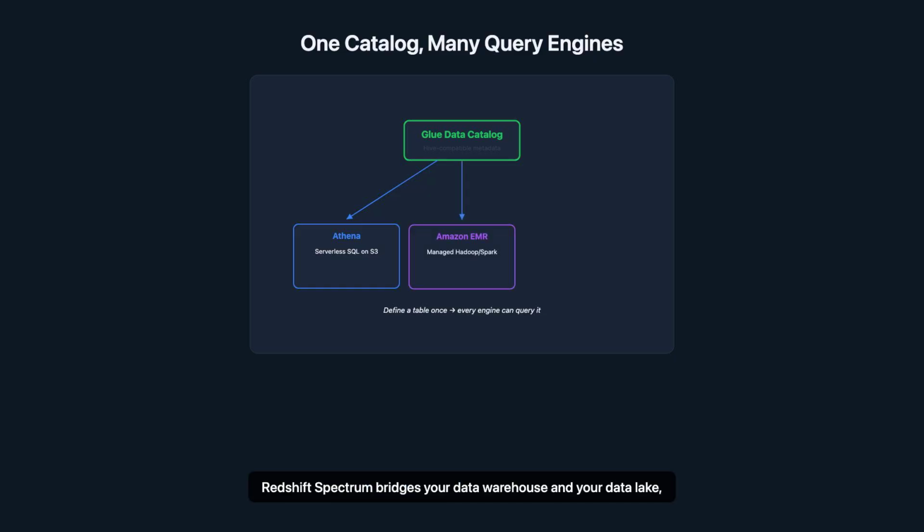Redshift Spectrum bridges your data warehouse and your data lake, letting Redshift reach out and query S3 files using those same catalog tables. And the pattern here is huge for the exam. Define a table once in the catalog, and every engine in the Amazon Web Services analytics ecosystem can query it without you redefining a single column.